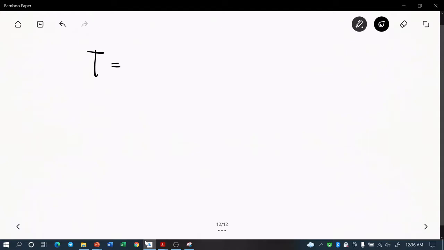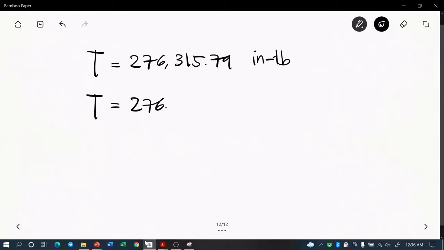The answer should be 276,315.79 inch-pound, or if we convert it into inch-kips, we divide by 1,000, so 276.32 inch-kips.